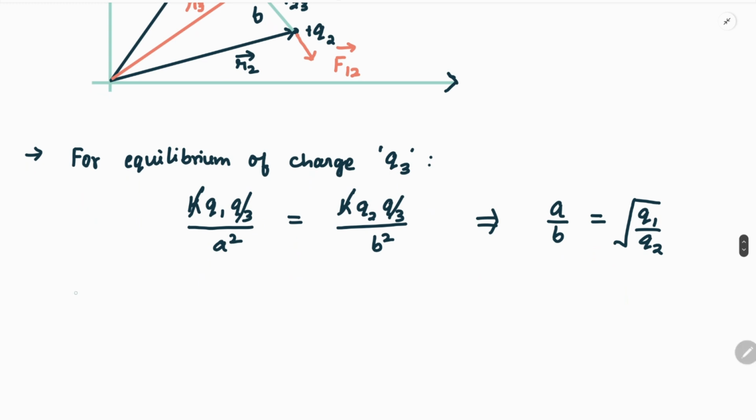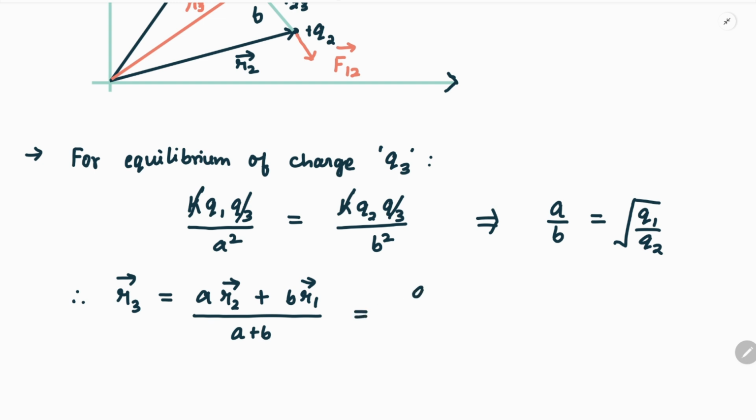So over here we can say, therefore, r3 vector, which we have already written as a r2 vector plus b r1 vector upon a plus b. So if we divide by b, we can write it as a by b r2 vector plus r1 vector upon a by b plus 1.